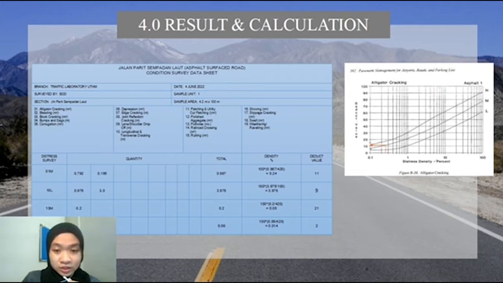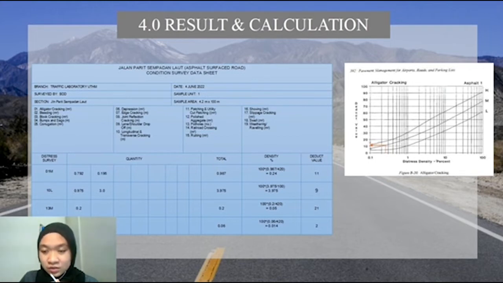Based on that total value, we can find the density percentage by multiplying the length of the sample with the total value divided by the sample area, and the density percentage is 0.24. Based on this information, we can find the deduct value by referring to the graph of alligator cracking.